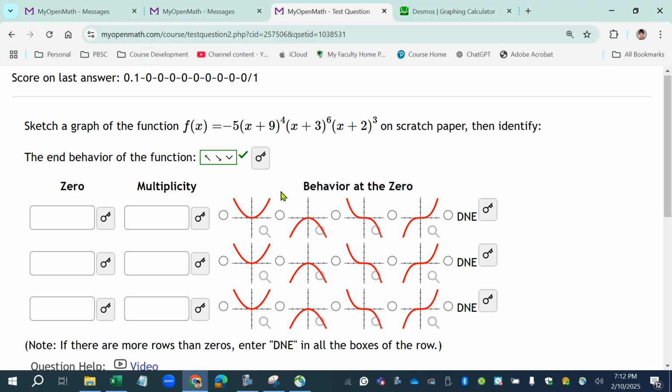All right, so the next part of this, we are supposed to find out what the zeros are and then note their multiplicity for each one and the behavior of the function at each of those zeros.